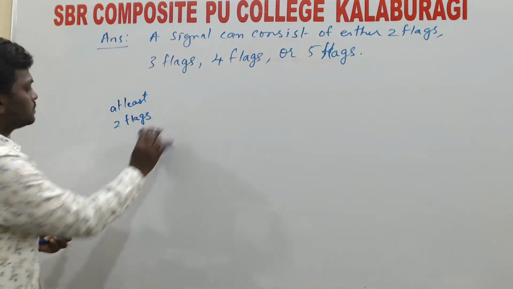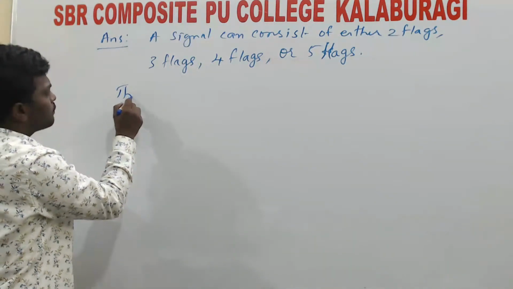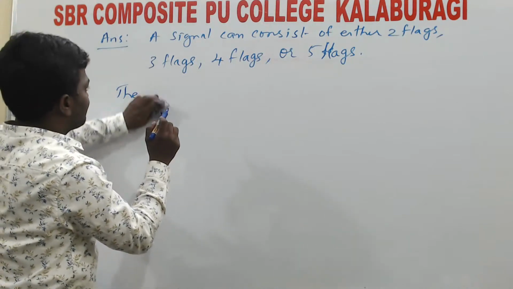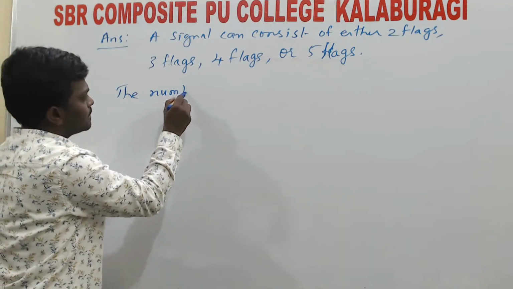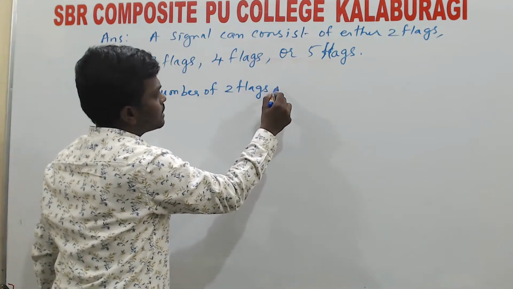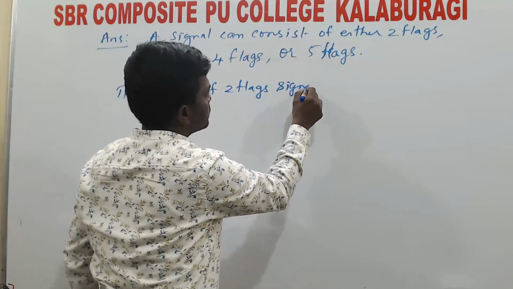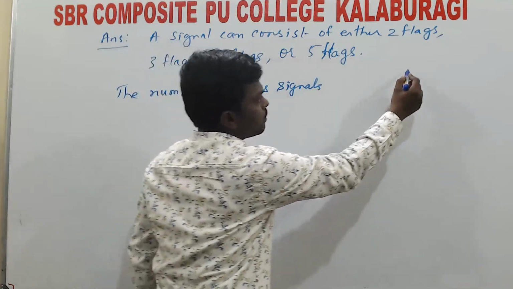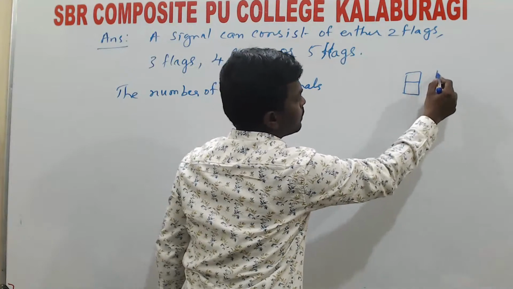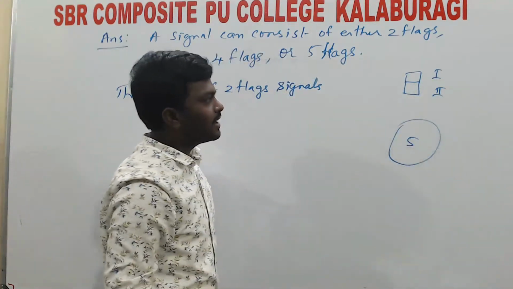Okay, is it clear? So now let's see the number of 2 flag signals, one below the other. So how many flags do we have? 5 flags.